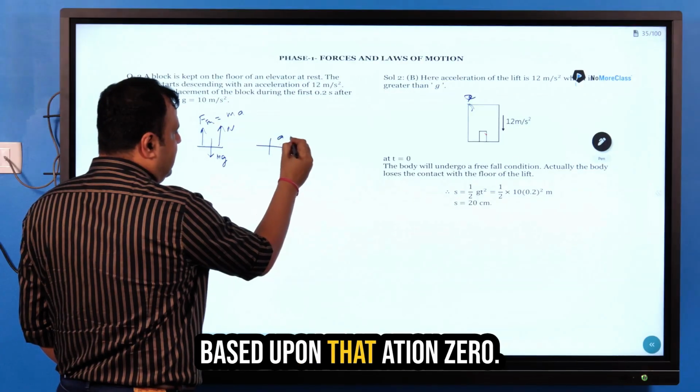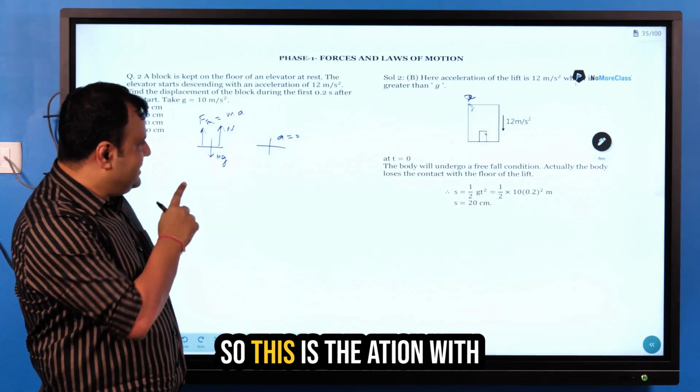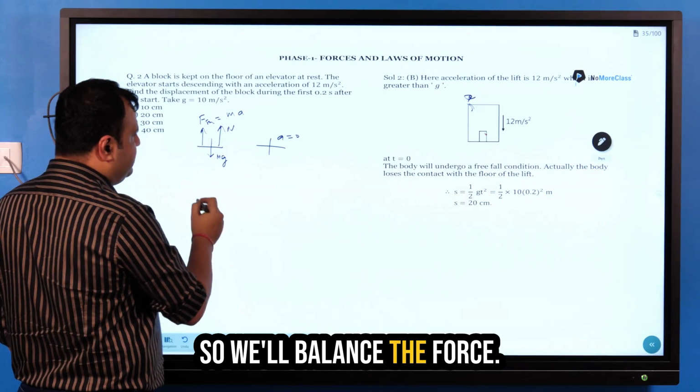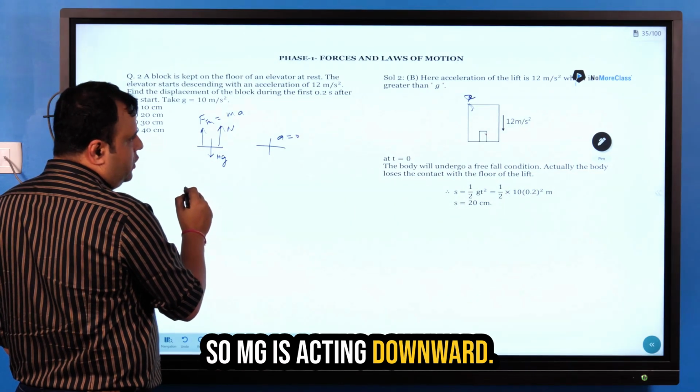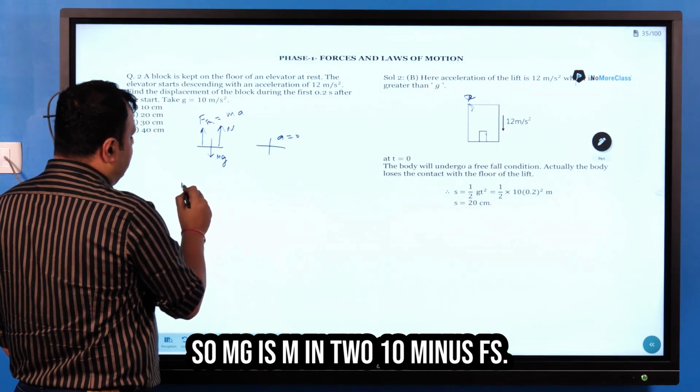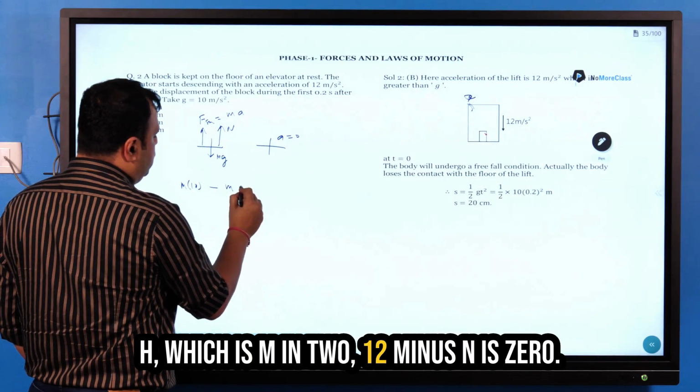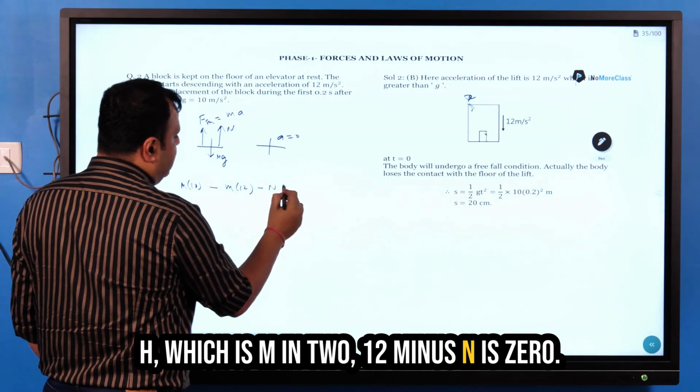Based upon that, acceleration is 0. This is the acceleration with respect to the lift. So we'll balance the force. mg is acting downward, so m into 10 minus F_sh, which is m into 12, minus N is 0.